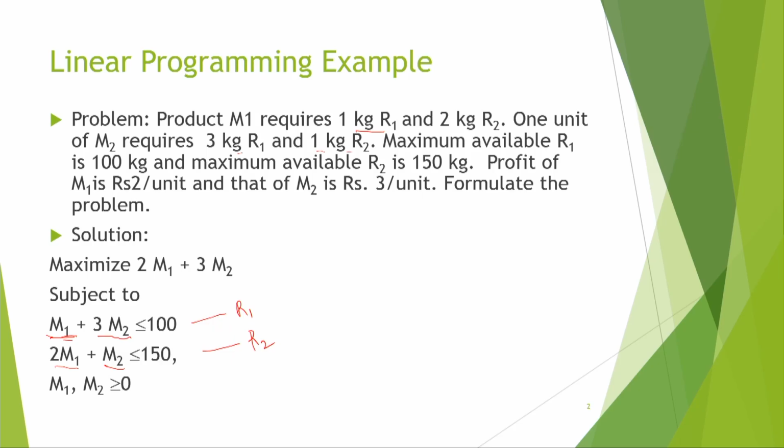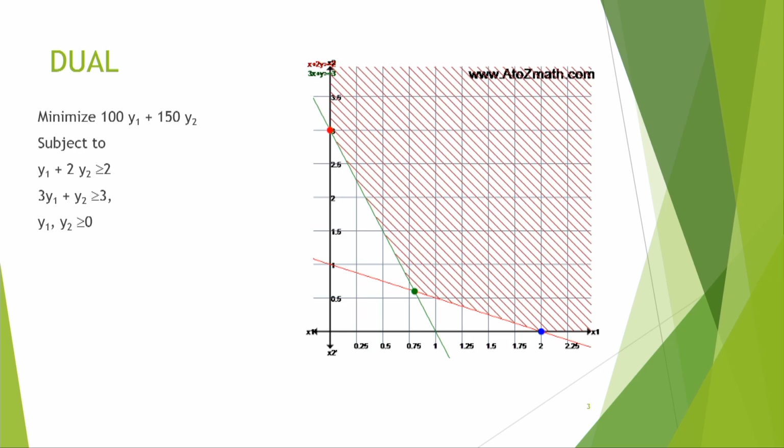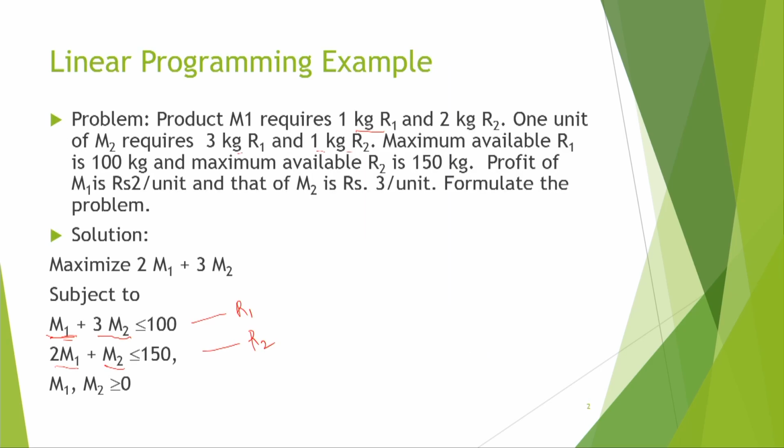Suppose I want to solve it by the dual method, so I make the dual of that. Dual making is very easy. In the next slide you can see the final expression nicely written.